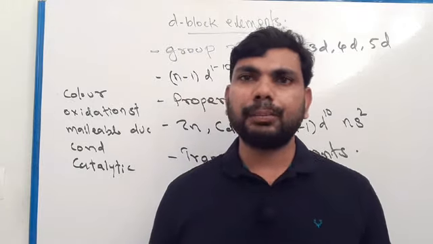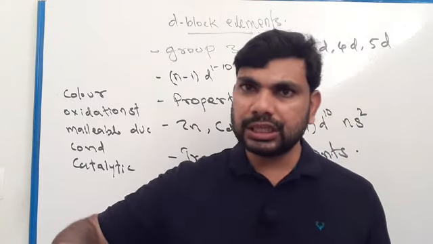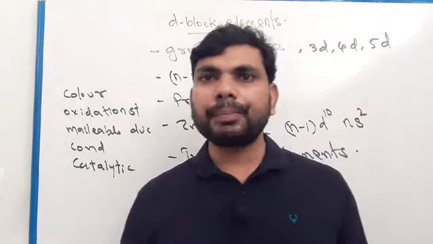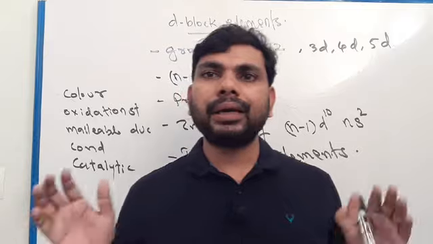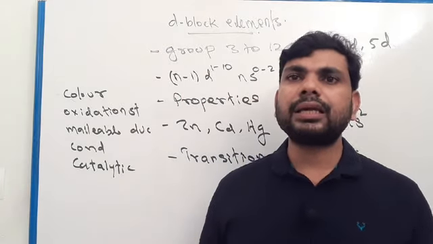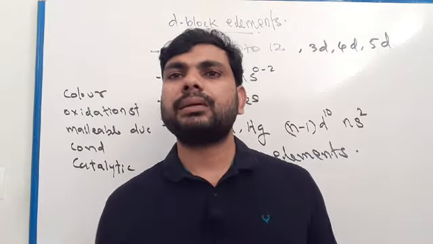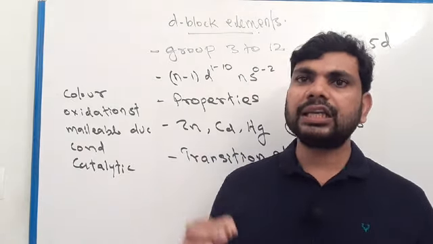Malleable means we can change a metal into a metal sheet by applying high force. Also a metal can be changed into a thin metallic wire by applying force. That is ductile. So most D block elements are malleable and ductile, and good conductors of electricity and heat.